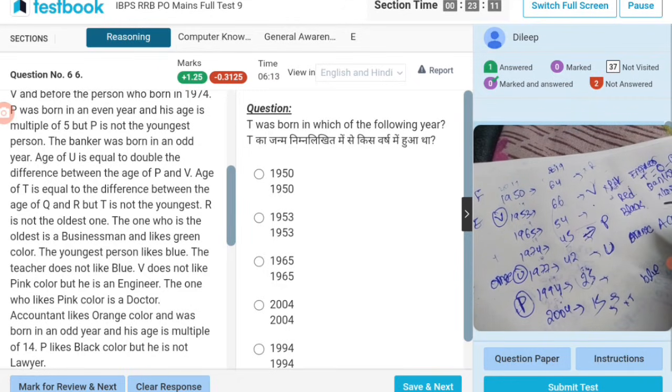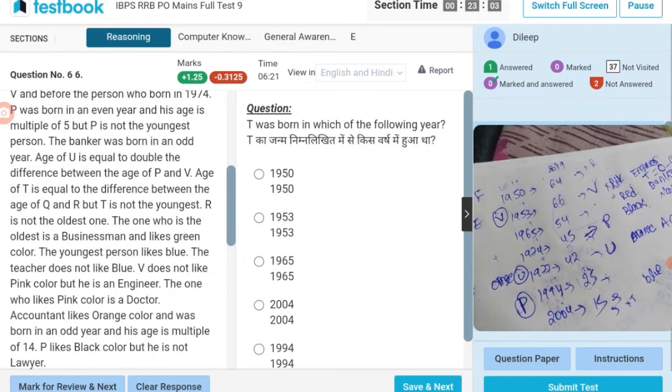T is equal to the difference of Q and R. So 25, 15, 54, 64.